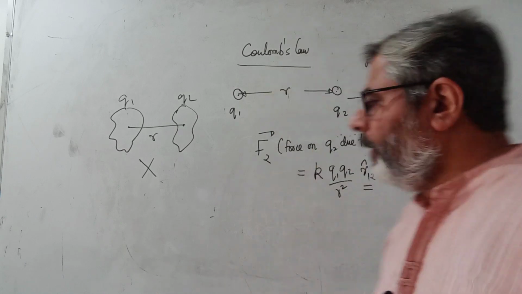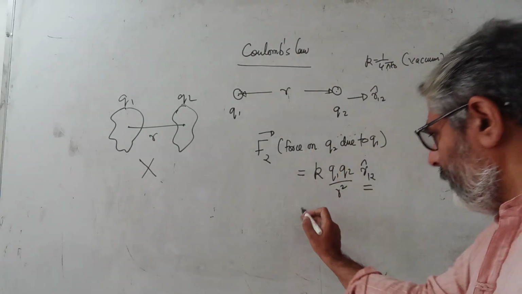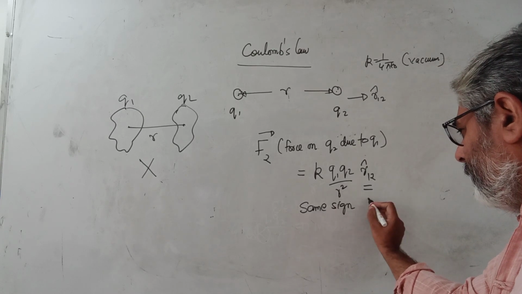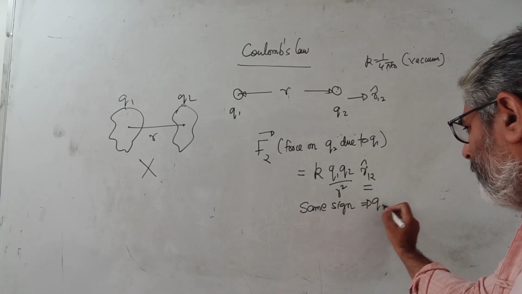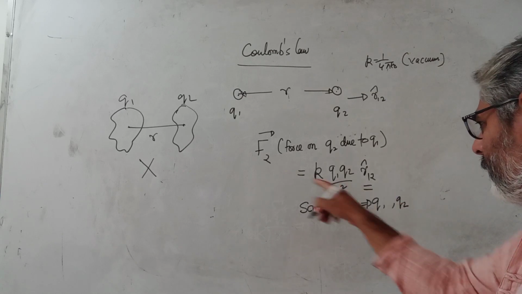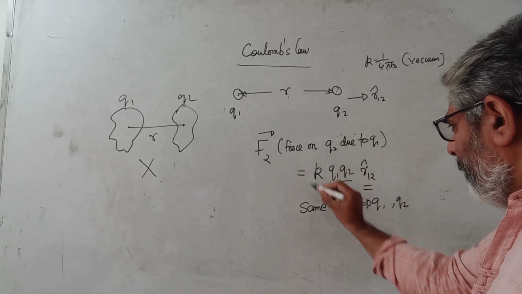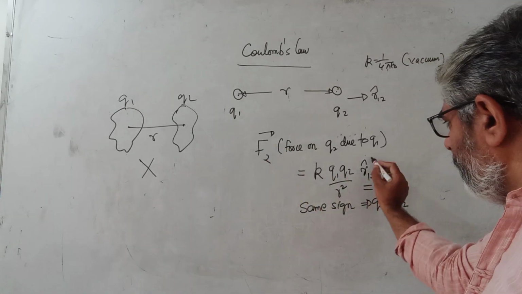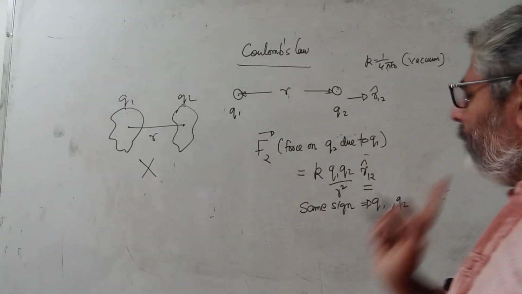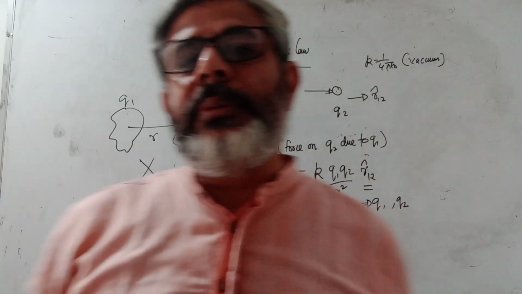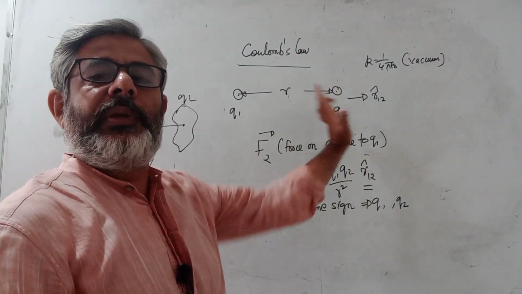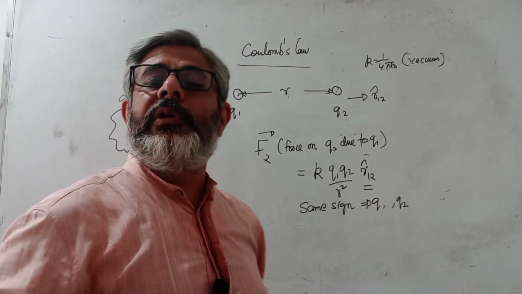So if Q1 and Q2 have the same sign, then the force will be positive. This term will be positive, and therefore this force vector will be in the direction of this. And this is clear also. How? Because if they are the same sign, then this charge will repel this charge. Repel means the force will be in this direction, that is in the direction of 1, 2.